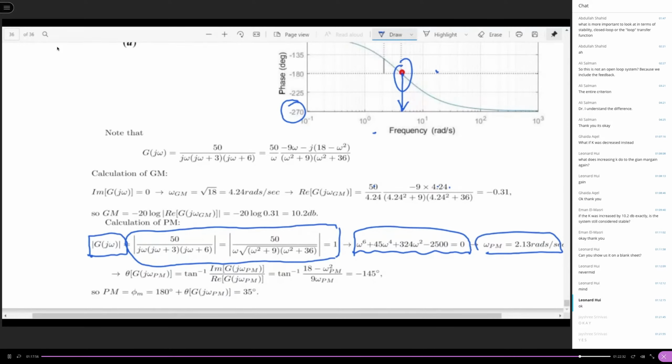So I would highly suggest that you practice that after class. It's good practice, and it helps you better understand the Routh-Hurwitz criterion. But anyway, you can solve it, and the phase margin crossover frequency is equal to 2.13 rad per second, which is exactly what happens here.